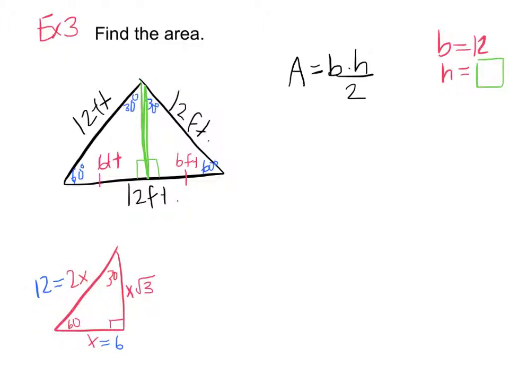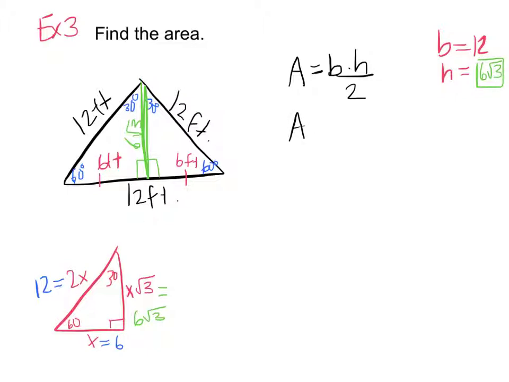So can you find this length, or the length of the height? Yeah. It would be whatever x is, 6, and then adding the square root of 3 next to it. So now I can replace that right here. That means my height is 6 square root 3, and I can also put that in one of the values that I was looking for, 6 square root 3. So now let's do our calculations.